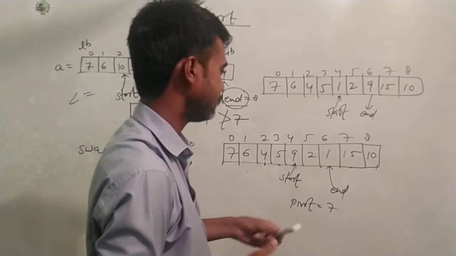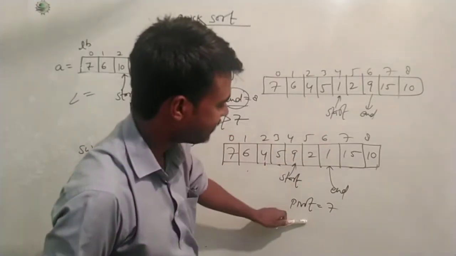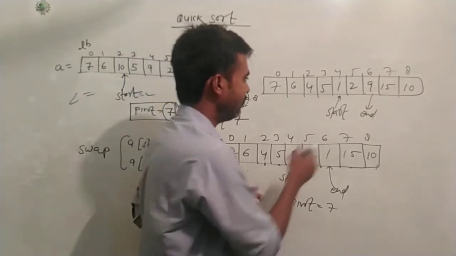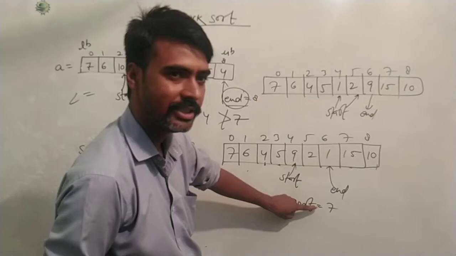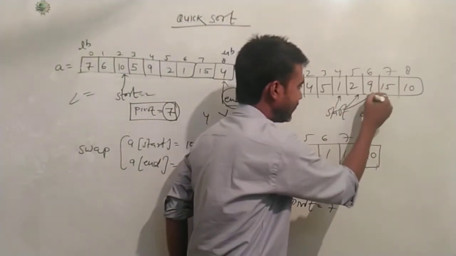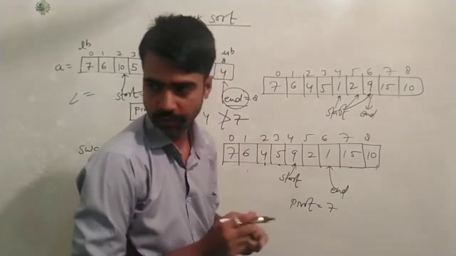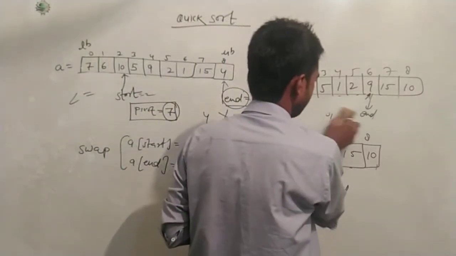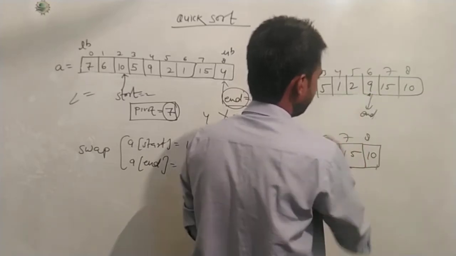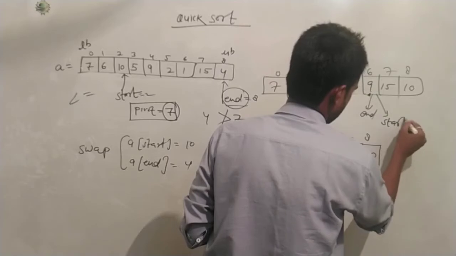Again, pivot element is 7. This value is less than 7. Start will be updated. Again, this value is also less than 7. Start will be updated again. Now 9 is not less than 7, so the final value of start will be 6.